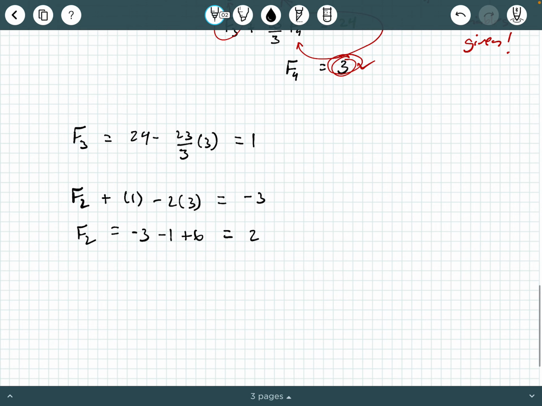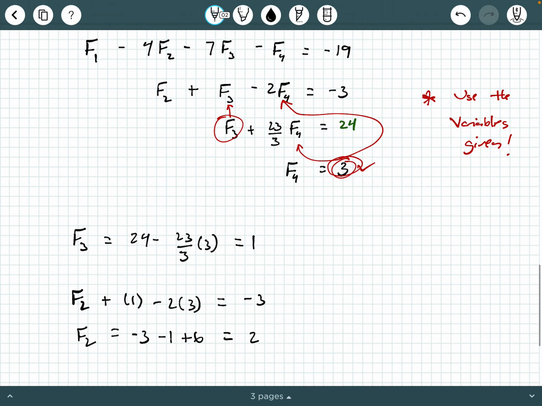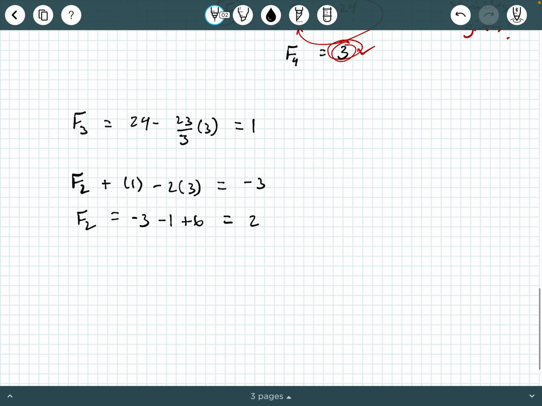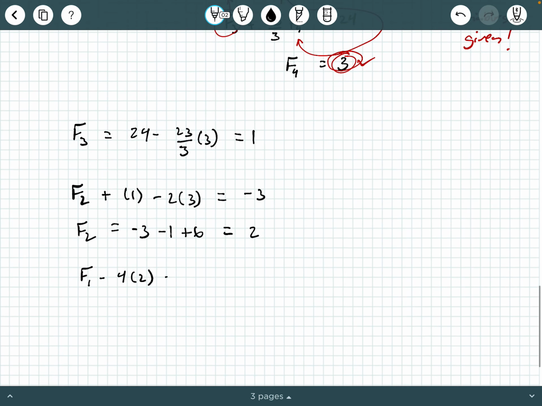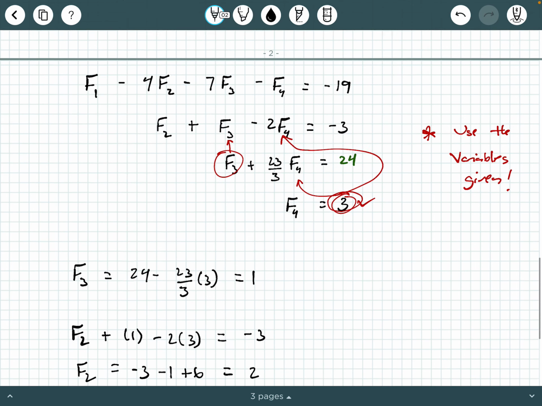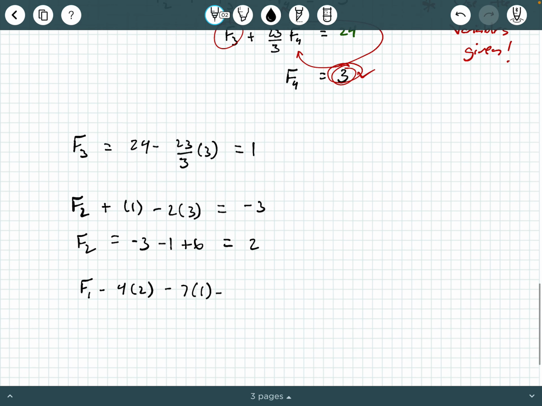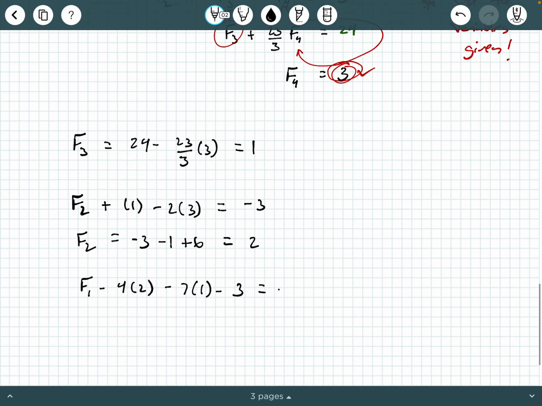And now we substitute all of these values into the first equation. So F1 minus 4 times 2 minus 7 times 1 minus 3 equals negative 19. Again, be mathematically proper. What do we get?